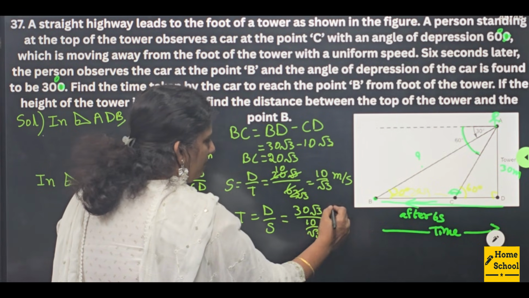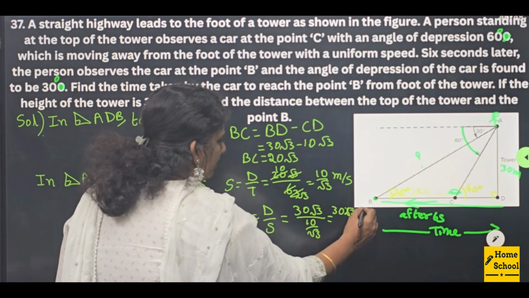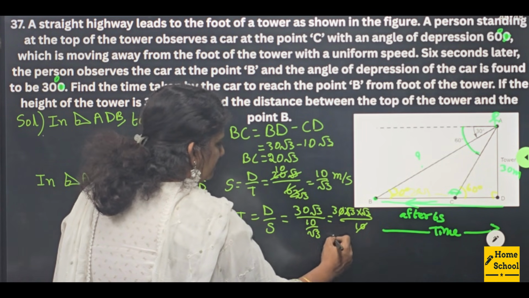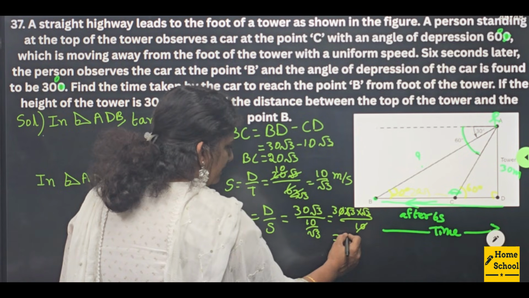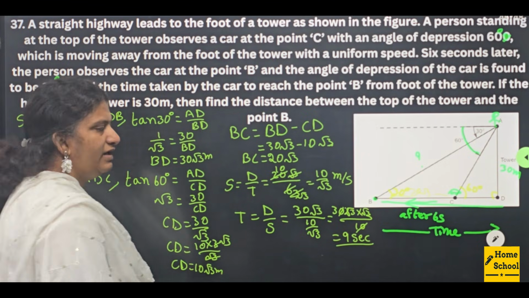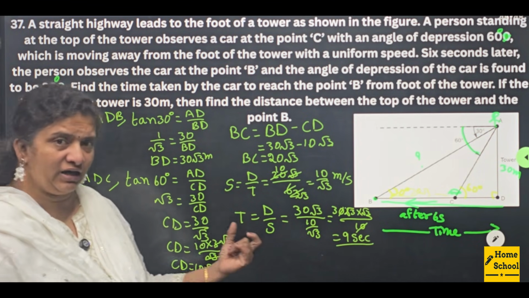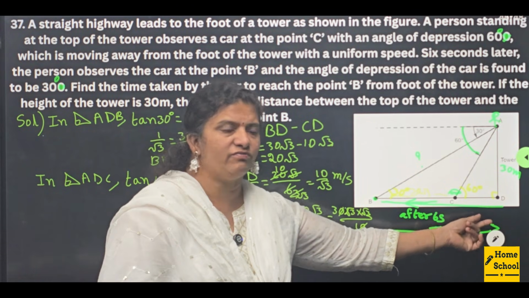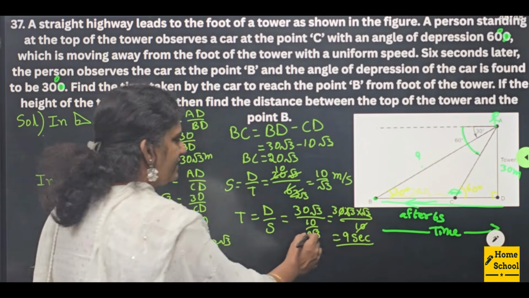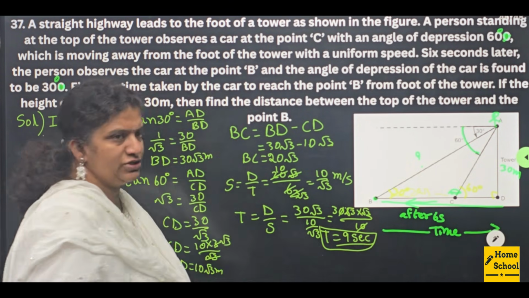Bring this root 3 up. 30 root 3 into root 3 by 10. 0, 0 cancel. Root 3 into root 3 is 3, 3 threes are 9 seconds. 9 seconds is your answer. What is the time taken by the car to reach from the foot of the tower to the point B? It takes 9 seconds. This is your first question that they have asked.